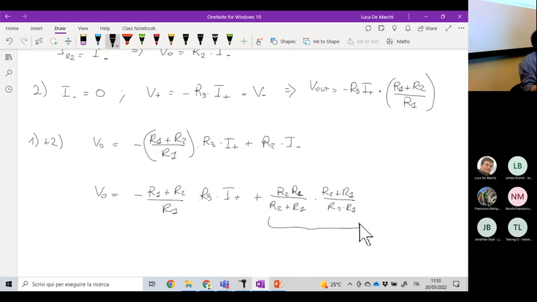This is globally equal to 1, this factor, of course, times R2 times I minus. So we have added this extra term to the initial one.